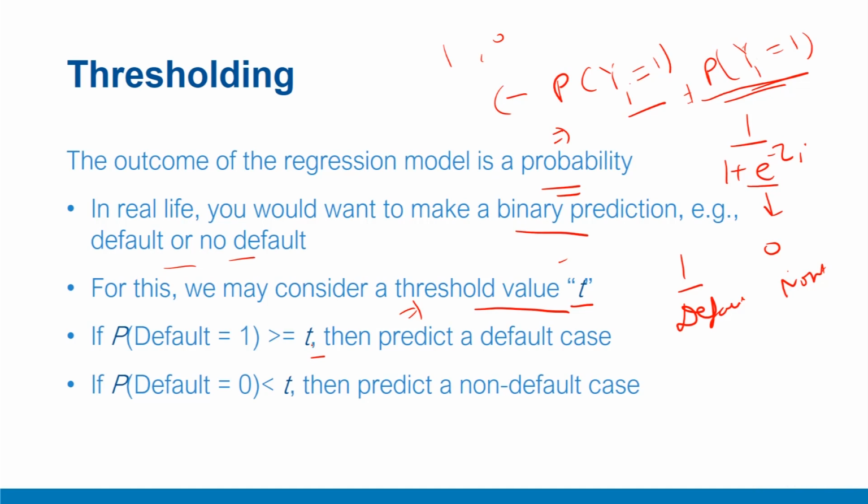If the probability value that yi equal to 1 is greater than or equal to tau, then you say that it is a default, or the event that is of interest. You can change it also, default or non-default. And if the probability value is less than tau, then you predict it as a case of y equal to 0. That means you predict it as a non-default case if the probability is less than tau.